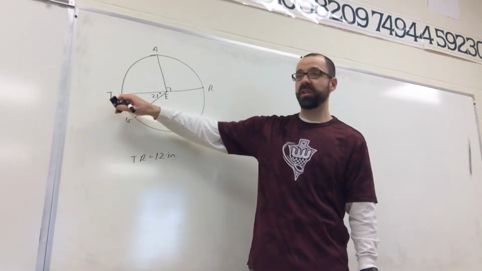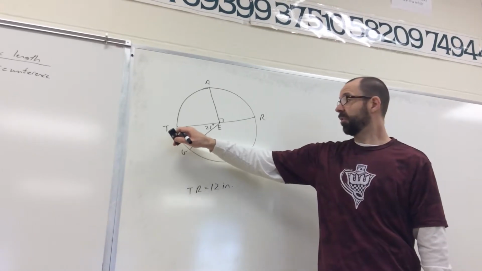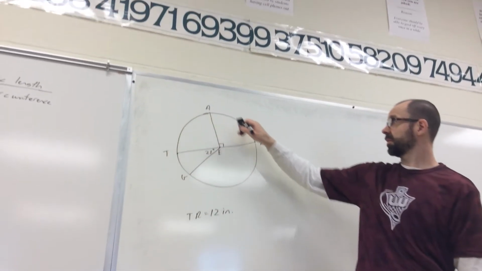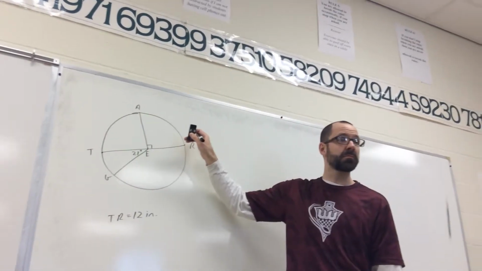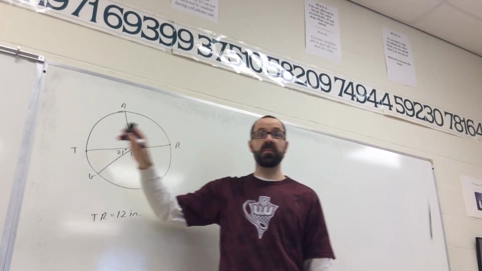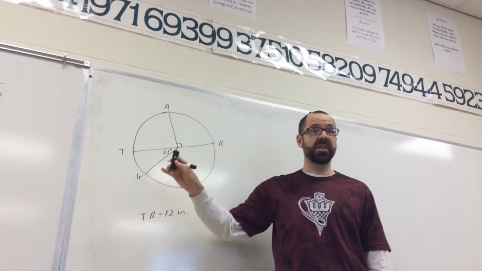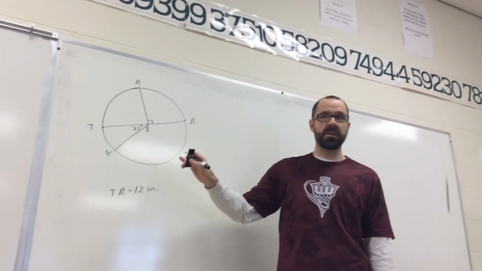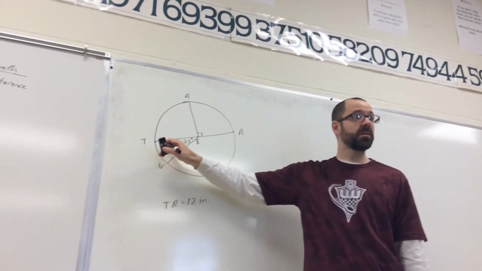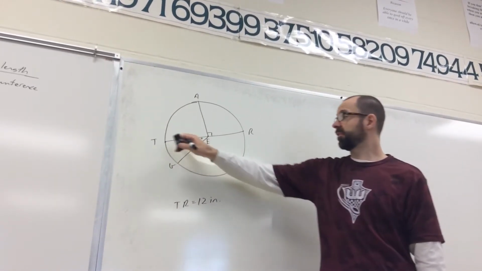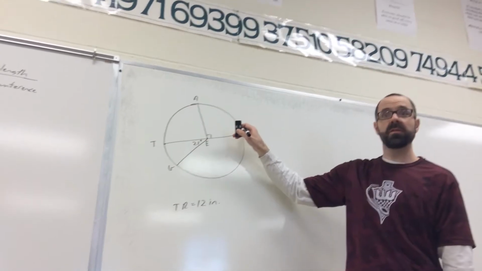So if you start at T and go on the curved part to R, that's arc TR. And it's asking for the measure of it. So that's how many degrees it is. So how many degrees is it all the way around? 360, right? So how many degrees is it here? 180.